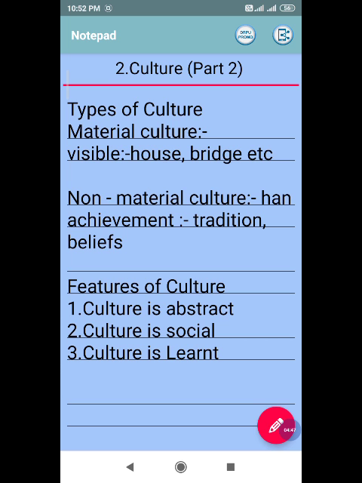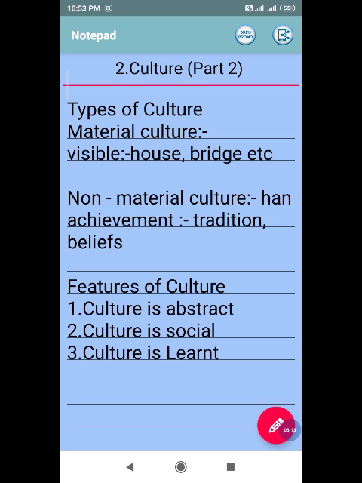Then students, features of culture. Culture means the lifestyle of the social group. This lifestyle of the social group has some features. Now we will study them one by one. The accepted way of life is carried from one generation to another generation. This process of shifting remains abstract. Hence, culture is abstract.